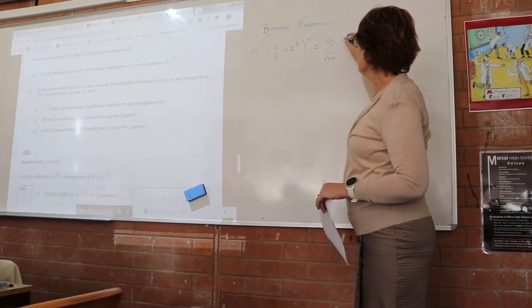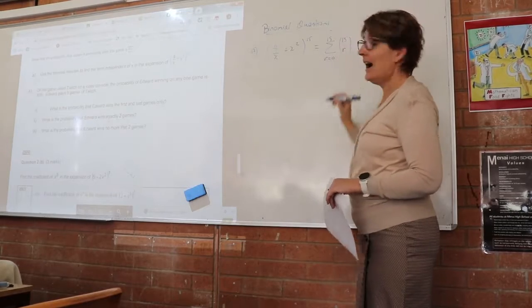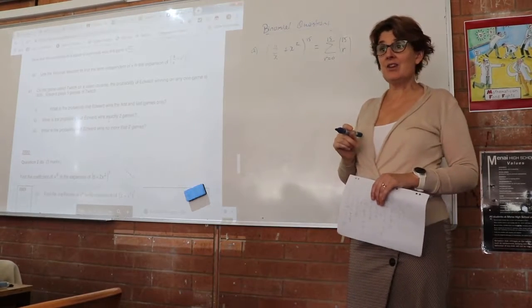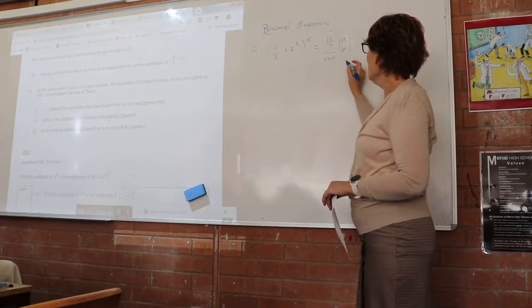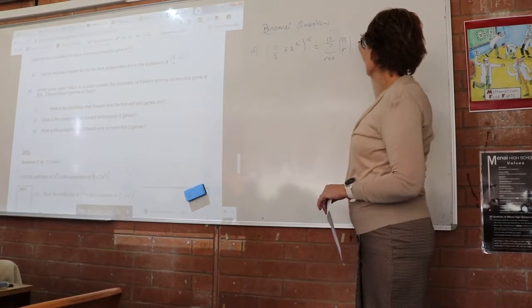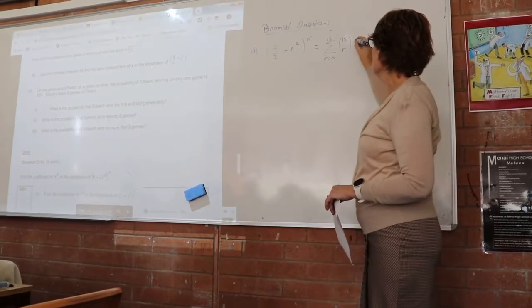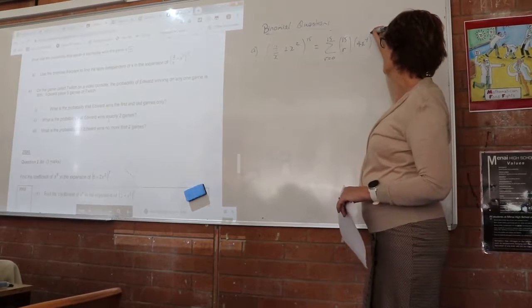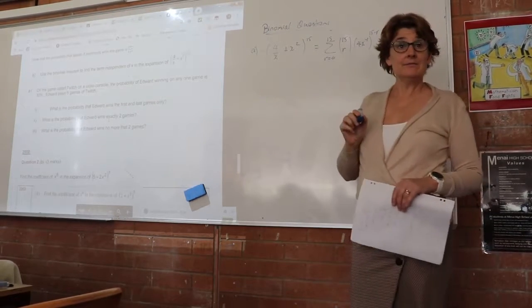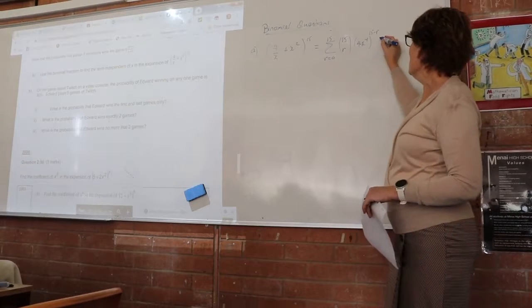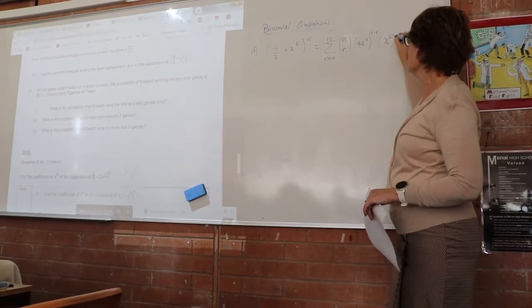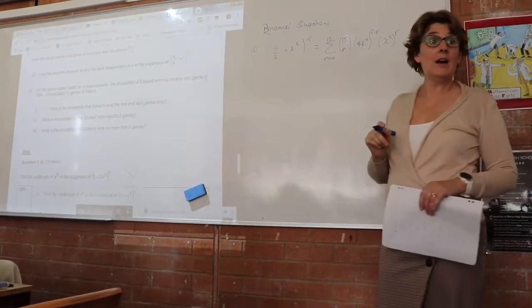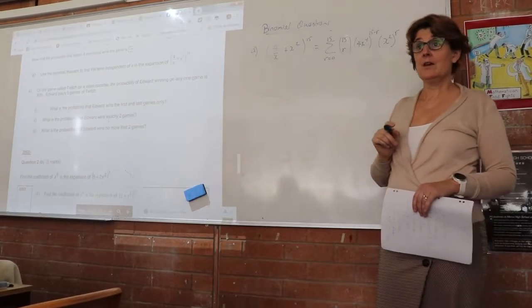Then we have 15CR, which is our coefficient. And in this case here, I'm going to call that 4x to the minus 1, to the power of 15 minus r. And then we've got x squared to the power of r. Okay?